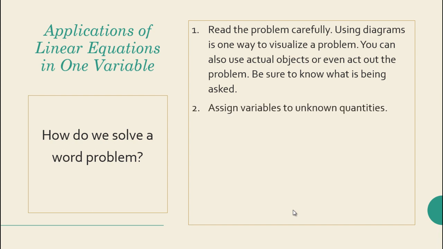After that, assign variables to unknown quantities. Since we are applying linear equations, we will be using variables or letters to represent the unknown numbers. So, this is the first thing to do. Usually, we use x in mathematics, but you can use any letter from A to Z. Okay, small letters are what we use to assign unknown quantities for the equation.